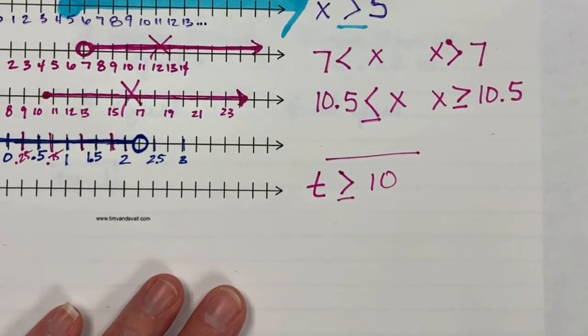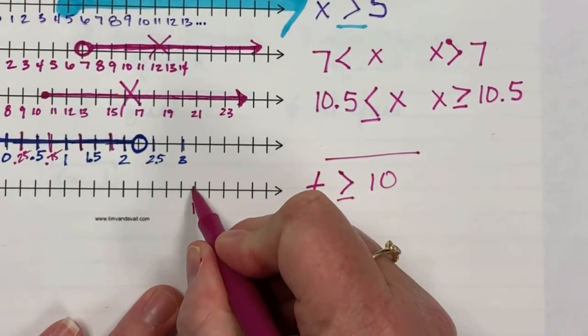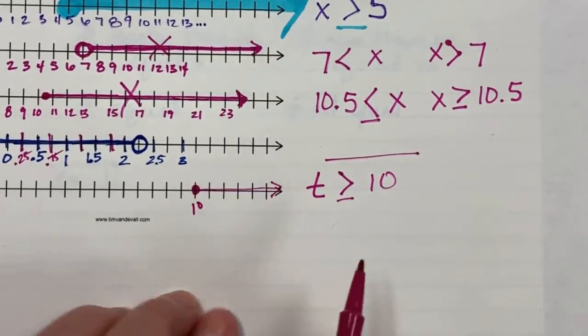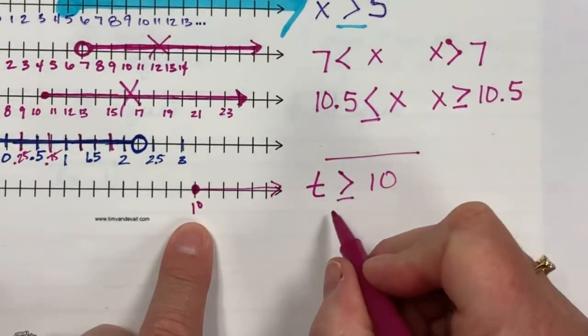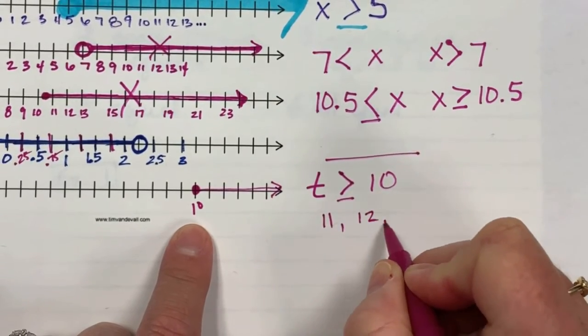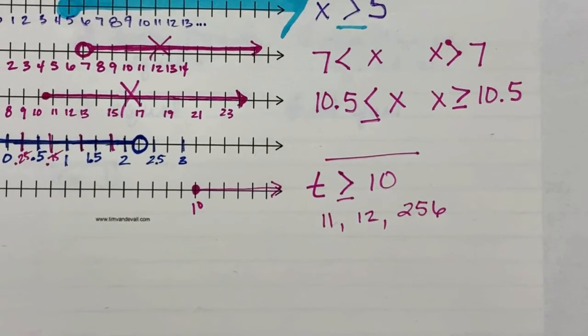You could look at a graph and say T is going to be greater than or equal to 10, so I'm going to have that point and everything above it. Then I can say a possible solution for T could be 11, it could be 12, it could be 256. All are possible solutions. I think this is going to be easy for you. Let me know if you have questions.